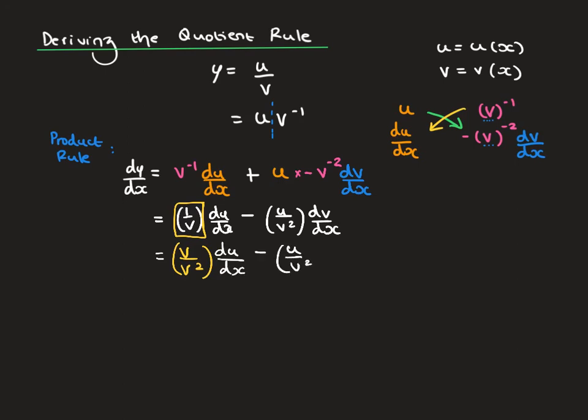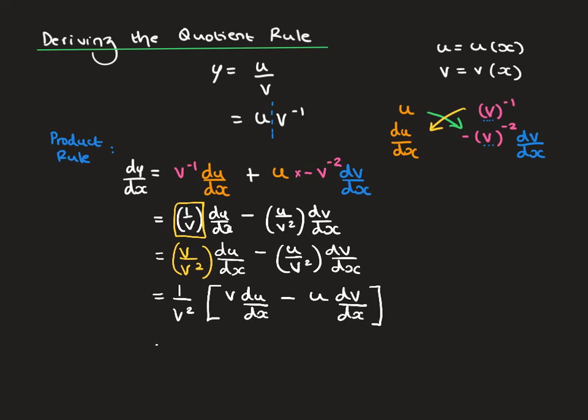This will make it easier for me to factorize out 1 over v squared. Be careful, that's a v there. And I'm left then with v multiplied by du by dx minus u multiplied by dv by dx.